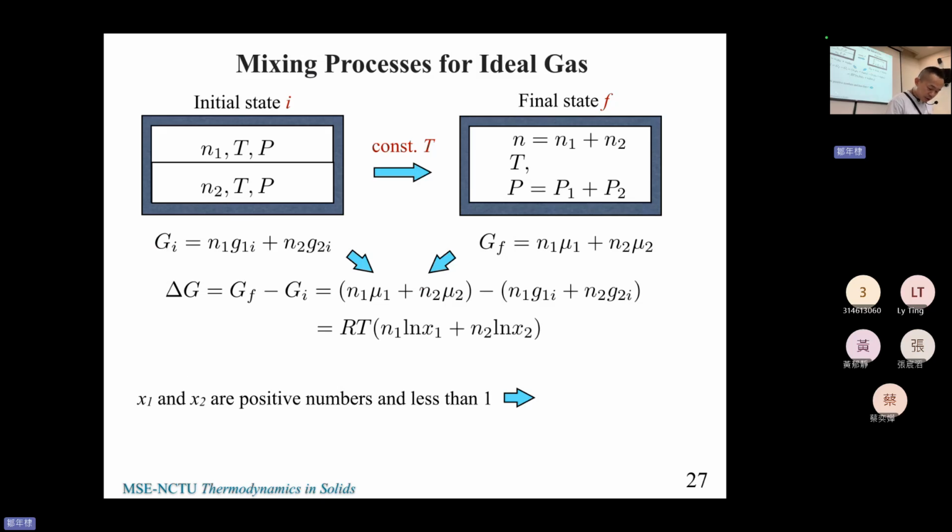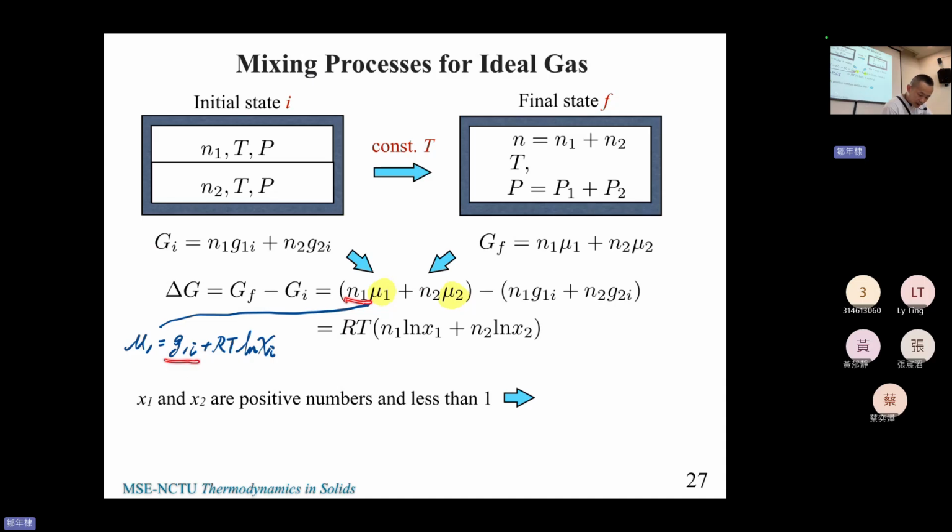Then we know that mu1 equals G1I plus RT natural log X1, which was obtained from the previous page. Mu2 we also know. Then we compare a little bit.